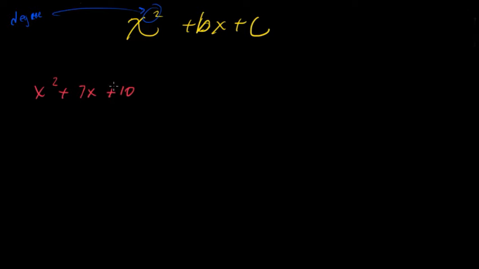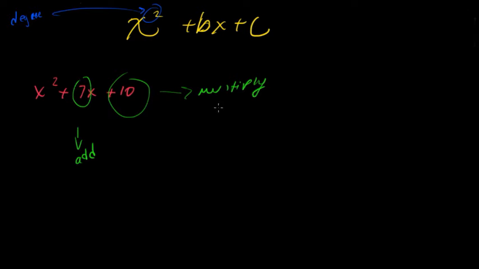This here says, what number will multiply to 10, but add to 7? It needs to multiply to a positive 10 and add to a positive 7.